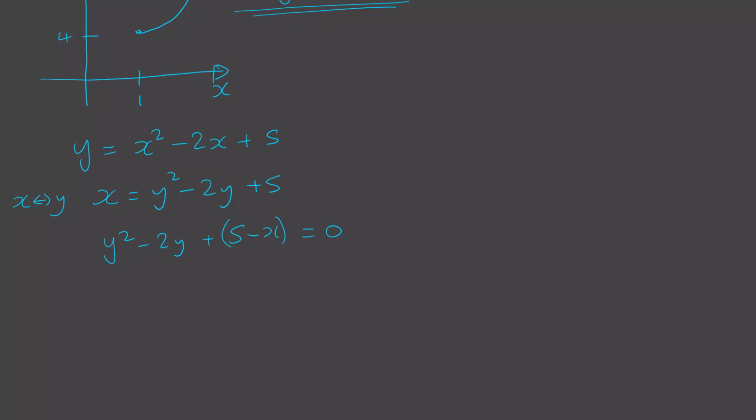So let's use the quadratic formula, and we'll get that y is equal to 2 plus or minus the square root of negative 2 squared is 4, take away 4 times 1 times 5 minus x, all divided by 2 times 1.